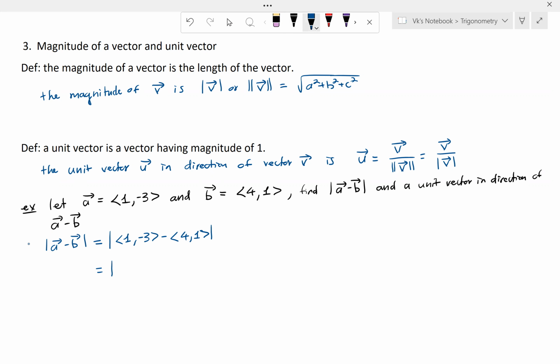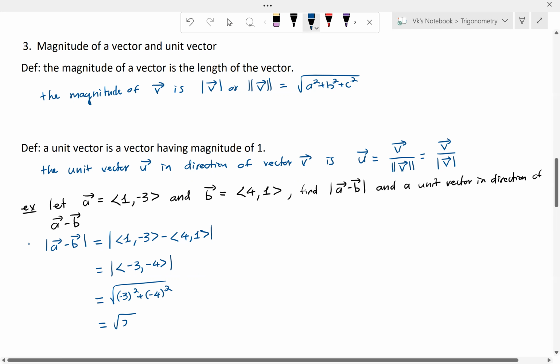And this is the magnitude of (1 minus 4, which is -3, and -3 minus 1, which is -4). So that is the square root of (-3) squared plus (-4) squared, which is the root of 25, and that is 5.